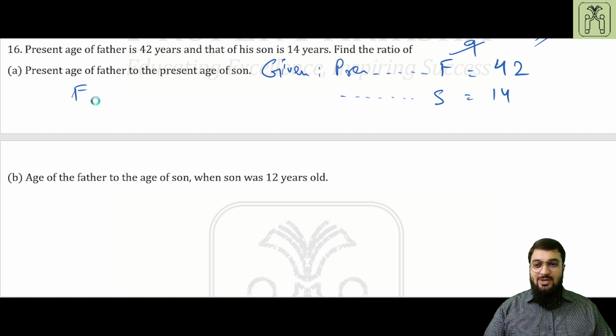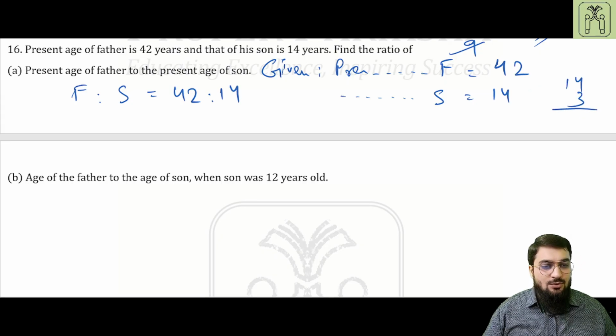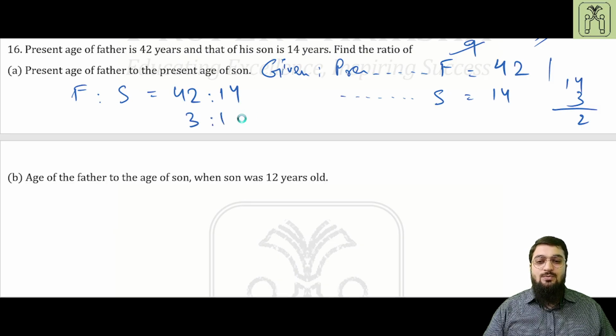So father is to son is equal to 42 is to 14. So is it divisible by 14 3 times? Let us see, 3 fours are 12 and 1, yes. So this will be 3 is to 1.